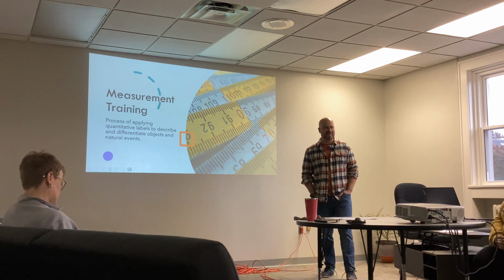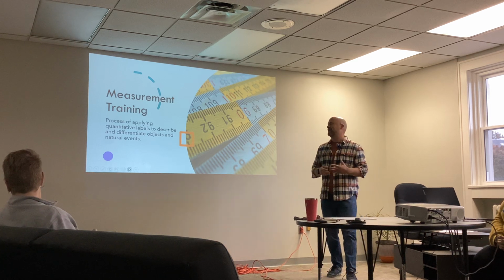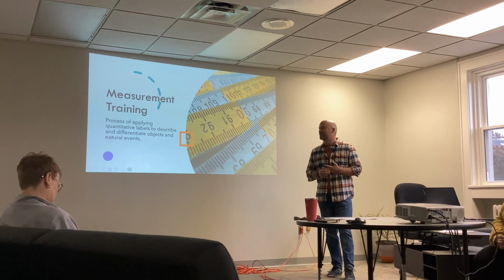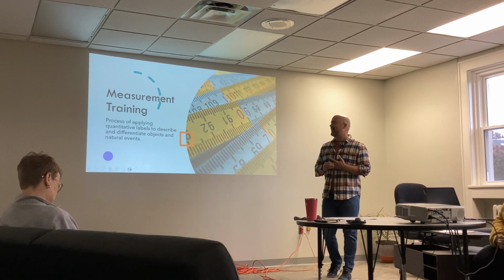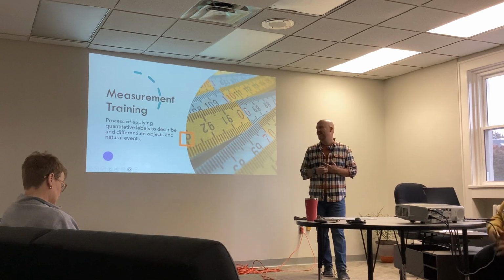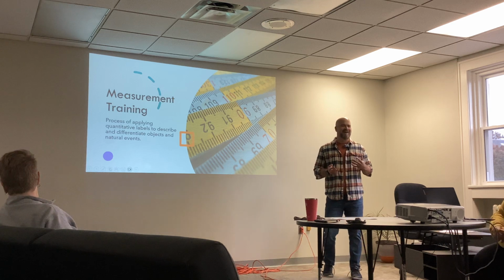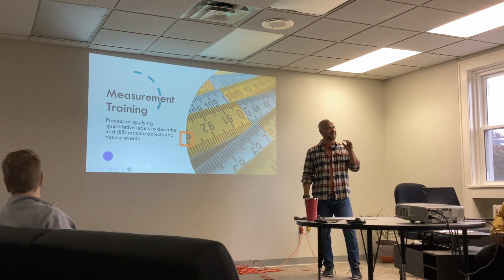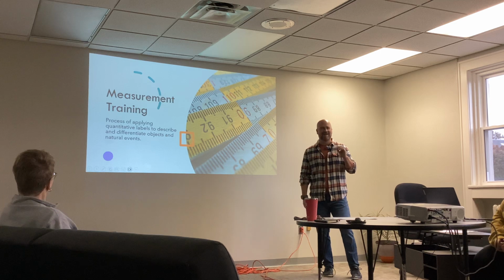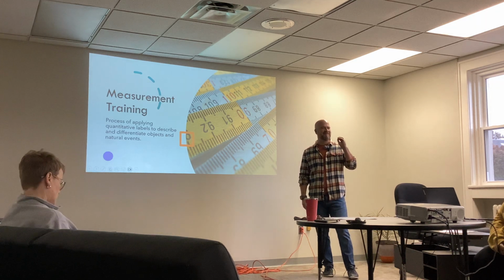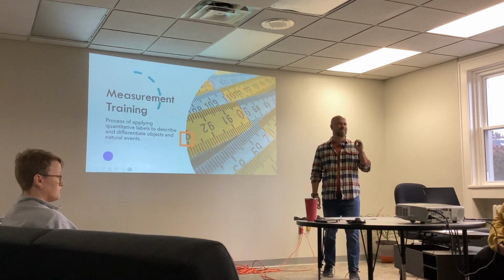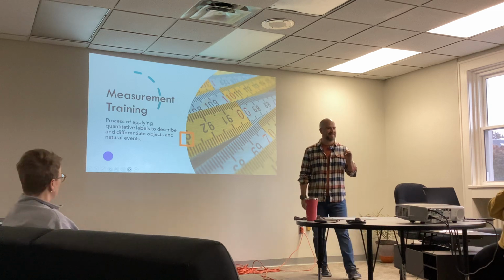And what is measurement? So what are we doing when we measure? We are applying quantitative labels to describe and differentiate objects and natural events. And when I think of the word quantitative, I look at that N very strongly in the word quantitative. Can anyone tell me what that might prompt me to think about?